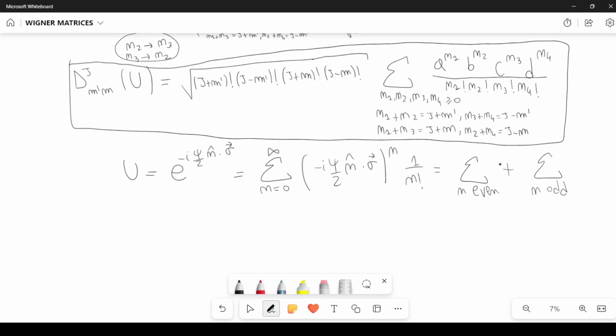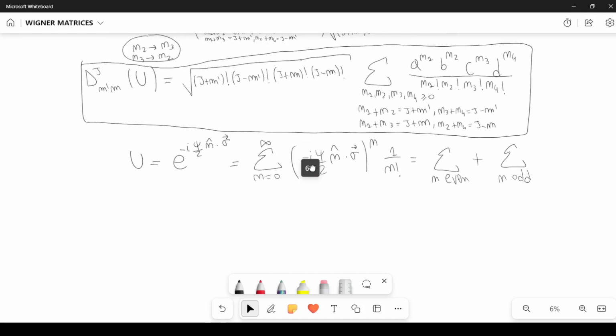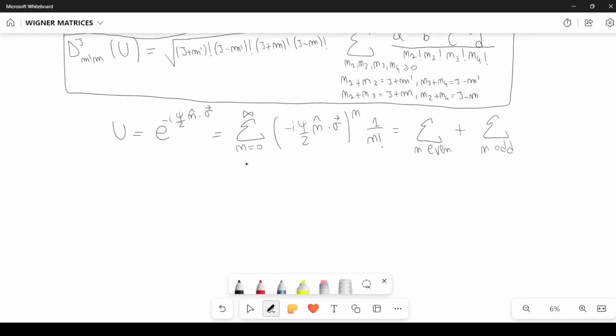It is convenient to do so because this expression can be simplified, in particular by using some properties of the Pauli matrices. For example, n dot sigma squared can be written in index notation as n_i sigma_i n_j sigma_j, where you sum over i and over j.